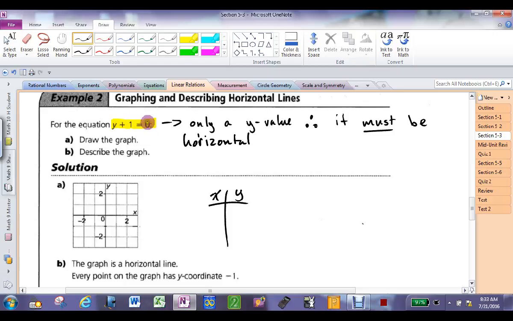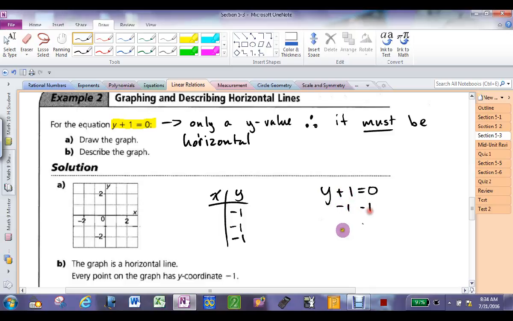Y plus 1 equals 0. What is the only number that can go there? 1. No. 1 plus 1 is 0? No. Negative 1. How do you know it's negative 1? Because you got to get y alone, just like we just did with the x's.